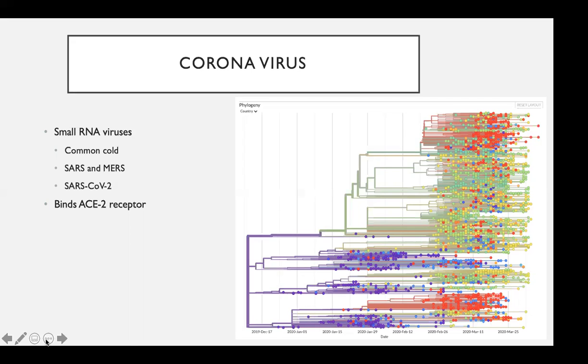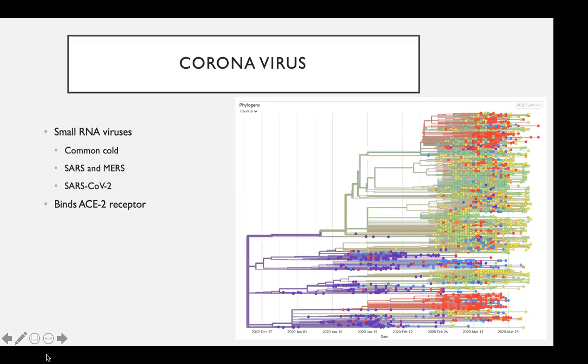The definition for close contact for the CDC is really being within 6 feet for longer than 10 minutes, and that's based on where they measured droplets that fall out of the air in people who are coughing, and most of them did not go farther than that 6 feet. So that's a pretty safe distance.